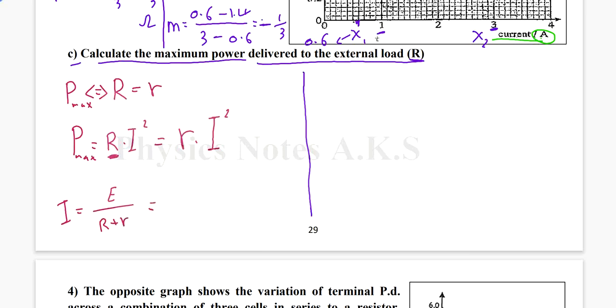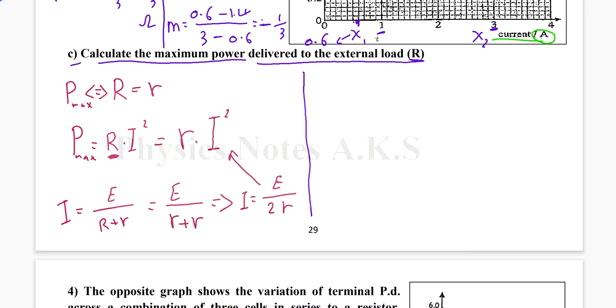So in this case it is electromotive force over internal plus internal, because the capital R will equal the small r here. This means that the current in this case, guys, is going to be E over r plus r, it's 2r. I substitute this in here.